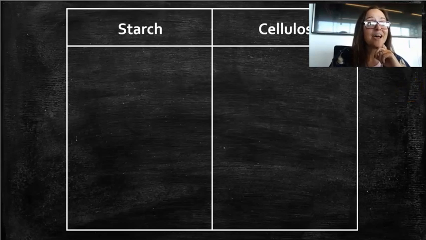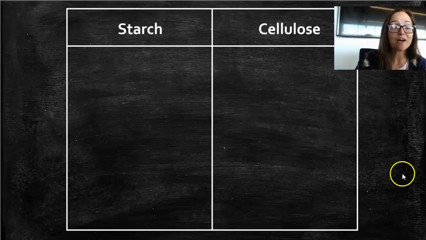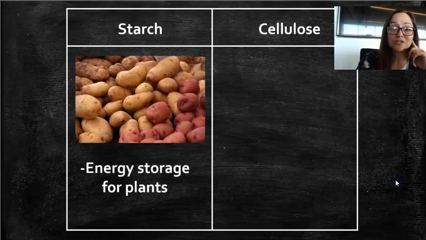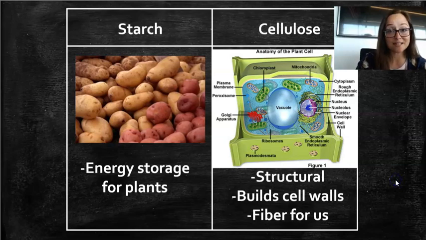When I look at the two polysaccharides in plants, we have one that is used for energy storage. That's starch, energy storage for plants. And then we also have cellulose, which is used for structure and support, or for cell walls.